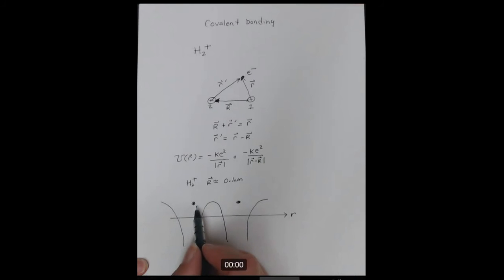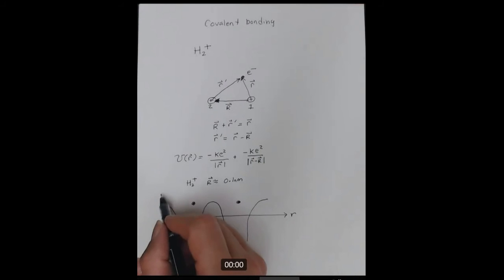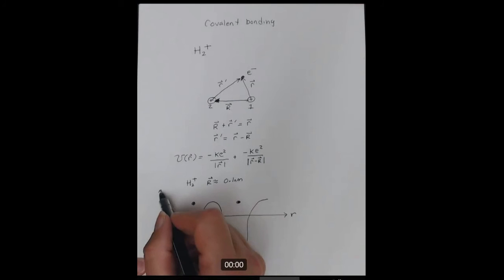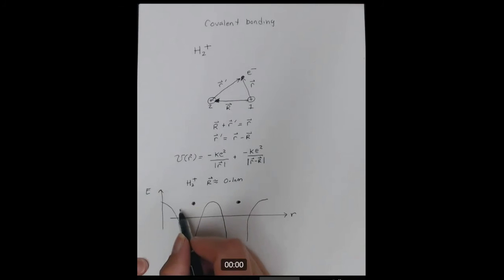What'll happen is, this doesn't really mean anything other than to locate where the center of the two hydrogen atoms are. This is the energy here. The electron might have some energy here, and it might tend to bounce around between these turning points around this proton, but then it can tunnel through, and then it might bounce around here for a while, and then tunnel through and bounce around here for a while.